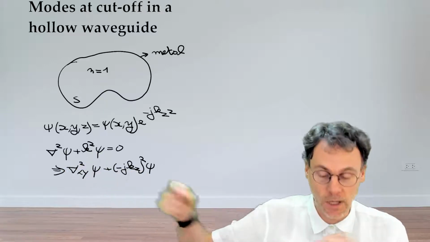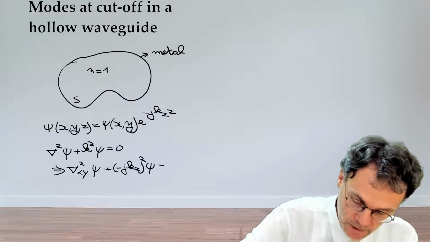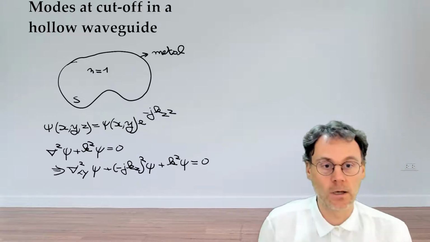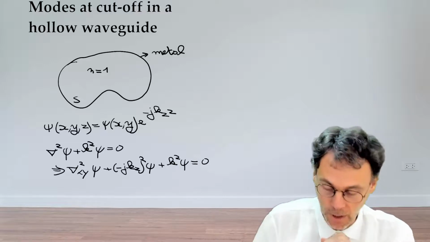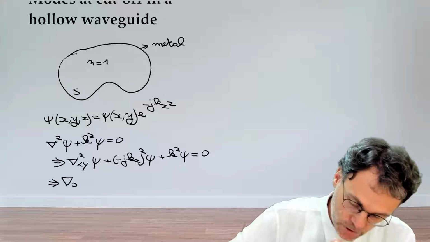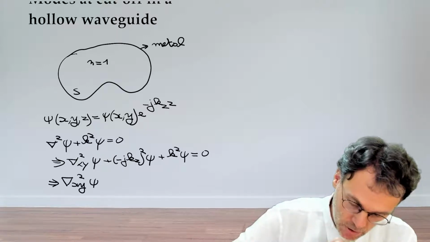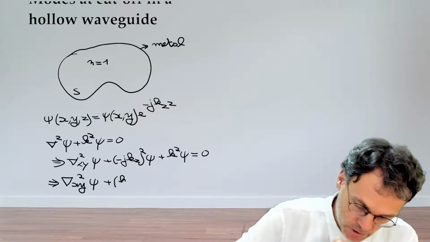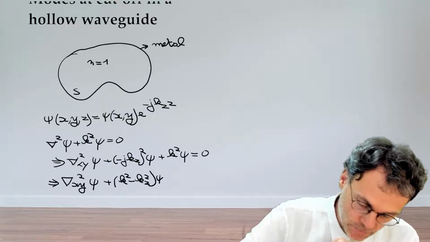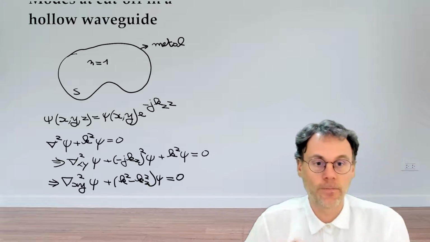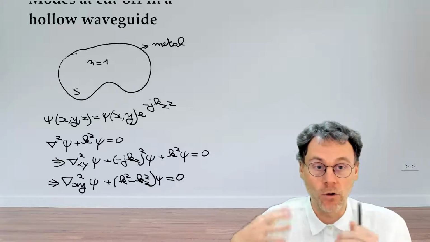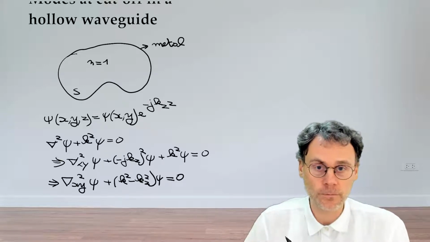And now we just add our k squared psi again, and that should be equal to 0. So cleaning this up a little bit, this becomes the transverse Laplacian of psi plus k squared minus kz squared times psi equal to 0. So that's the specific form that the Helmholtz equation takes if you're looking for waveguide modes.